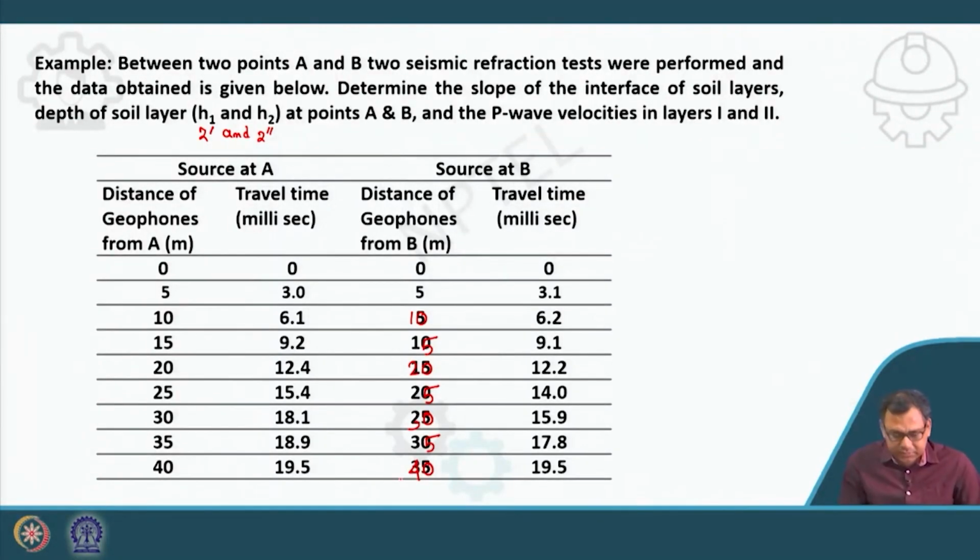Here it is 0, 5, 10, 15, 20, 25, 30, 35, 40. Here also 5, 10, 15, 20, 25, 30, 35, 40.